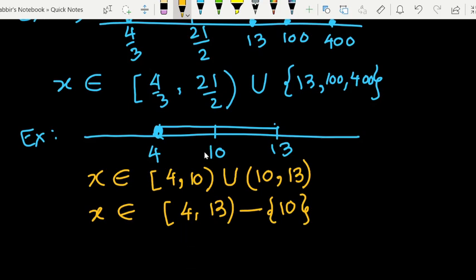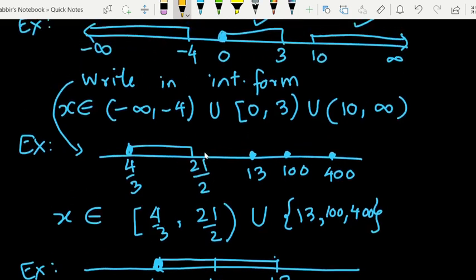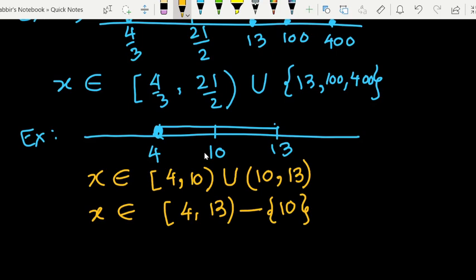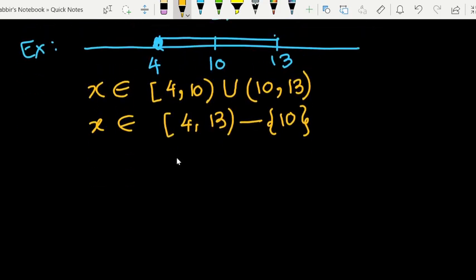Using minus also we can write it down. The use of minus in representing the solution in interval form can be done.